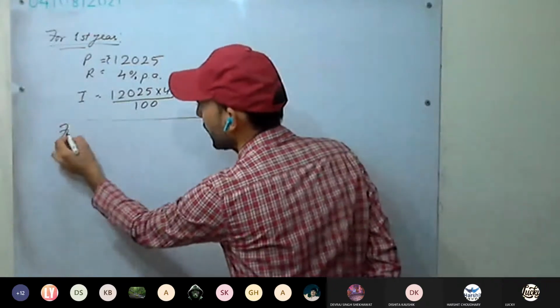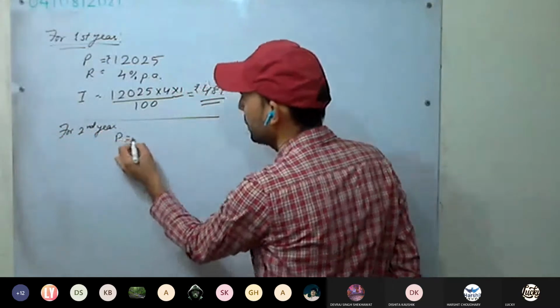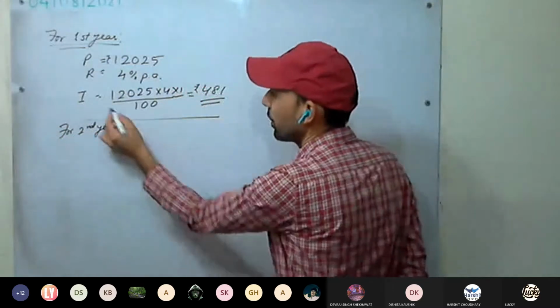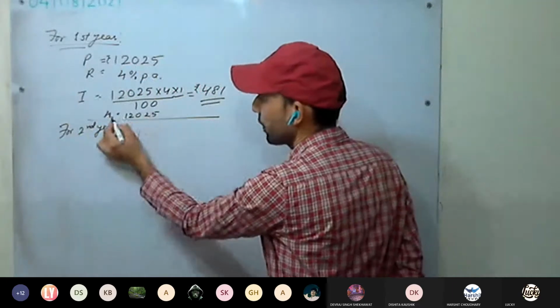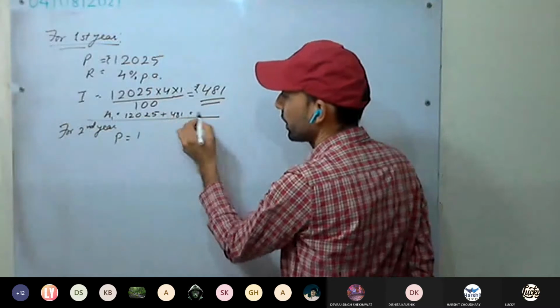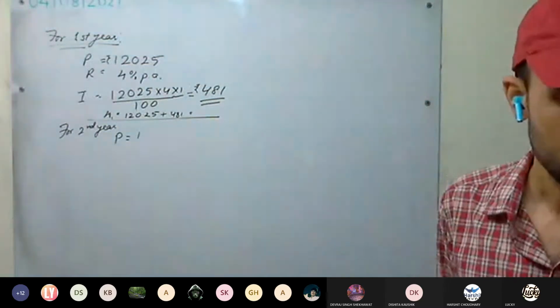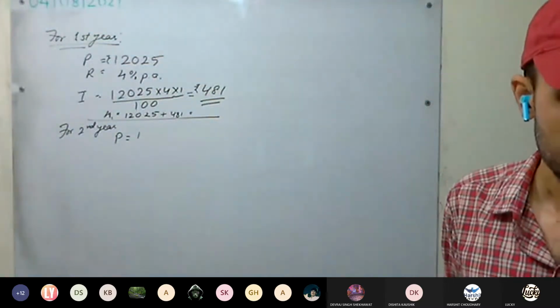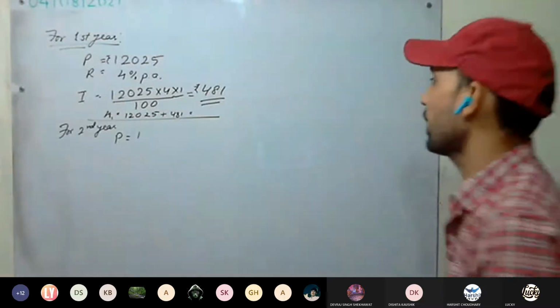Okay. Now for the second year, principal will become how much? Calculate the amount. Okay. 12025, that is the amount for the first year, plus 481. Calculate it. 12506.